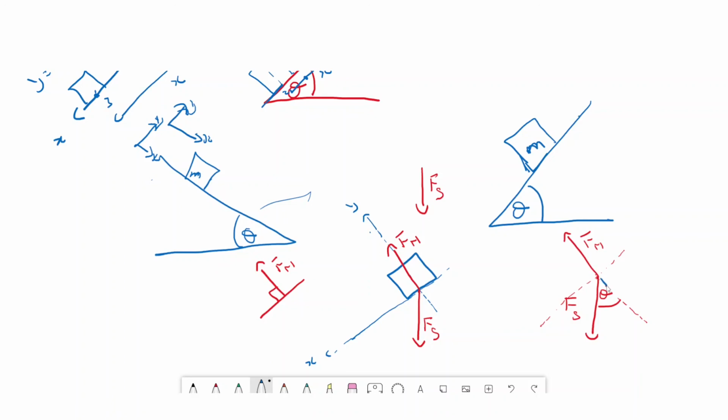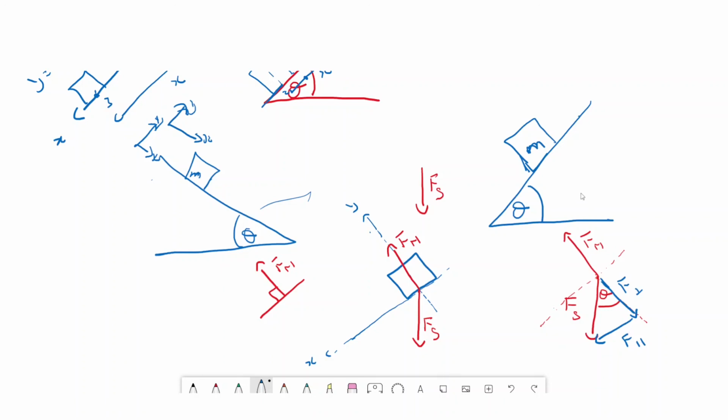This component is perpendicular to the surface, so I can call it F perpendicular. I don't like doing this, but I'll do it because I've seen the students do it like that. Then this one is going to be F parallel. This is the component of the force that is parallel to the surface.